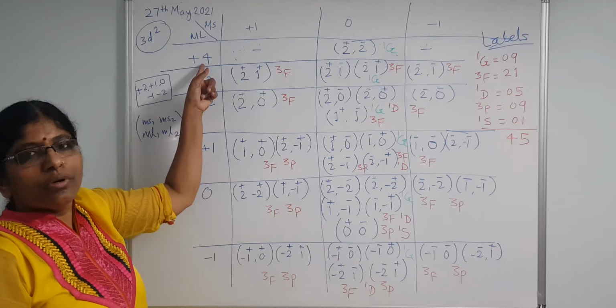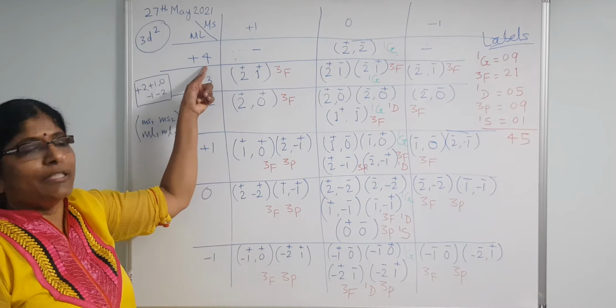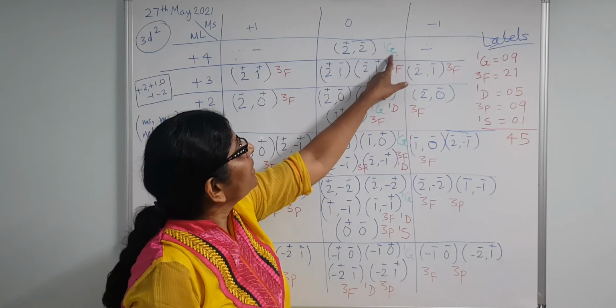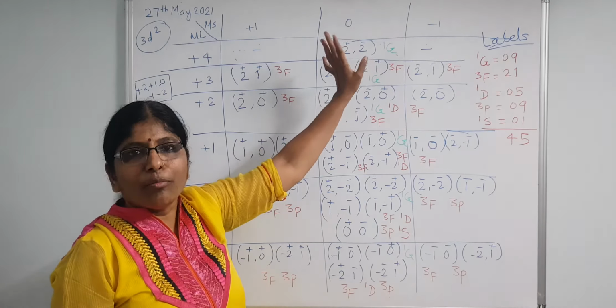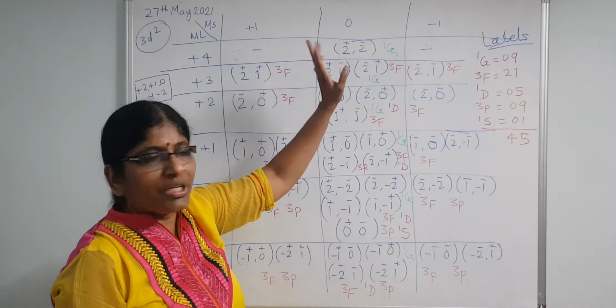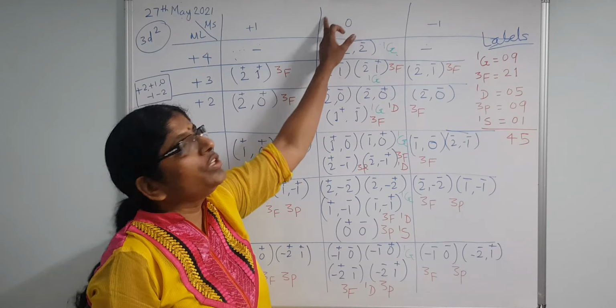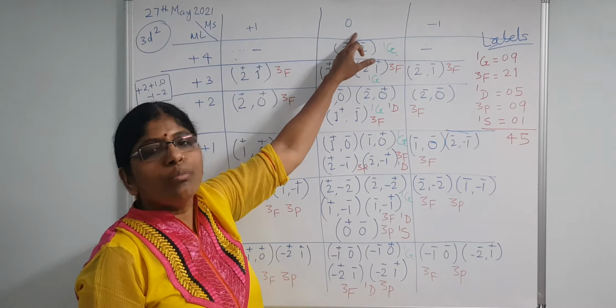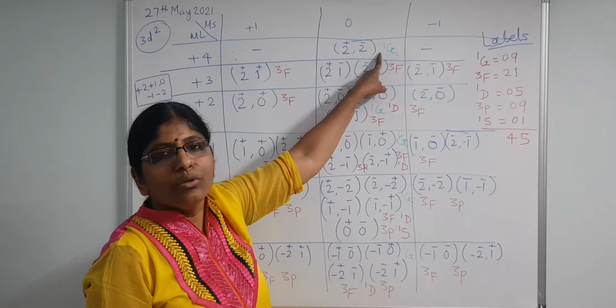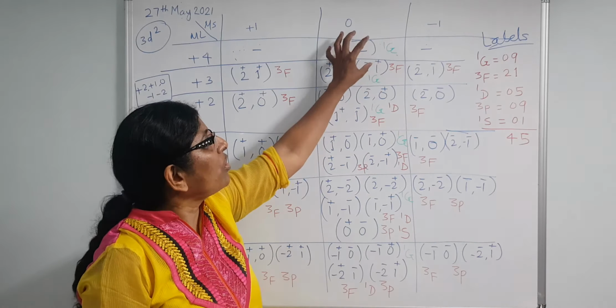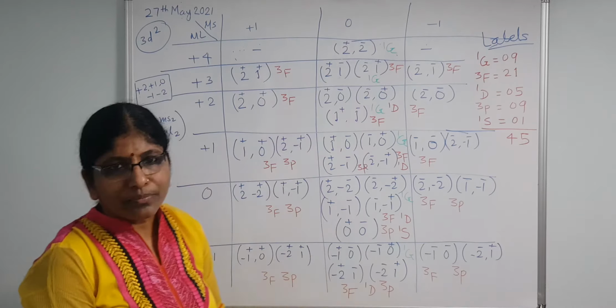If L is 4, we write that the label is G, right? And in the 2S plus 1 formula, for total multiplicity, we have to substitute this 0. So 2 into 0 plus 1 will come 1. Total spin multiplicity for this block will be 1G.